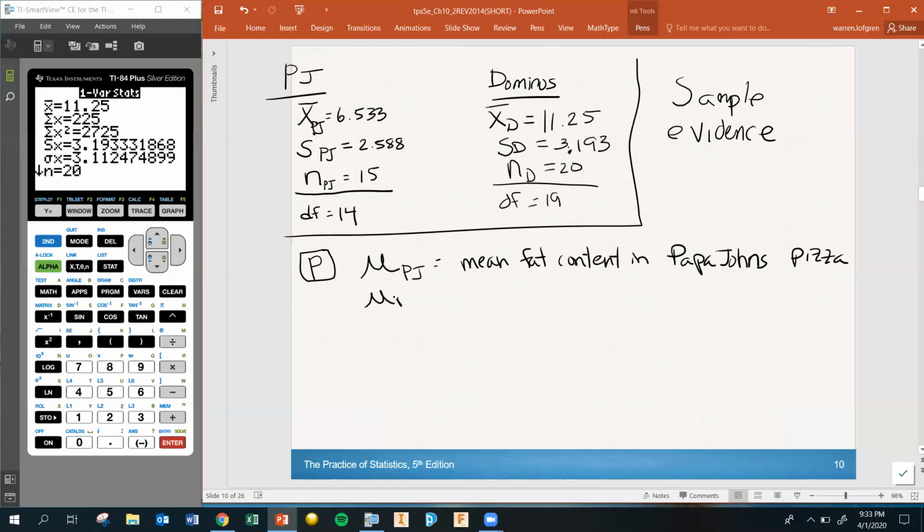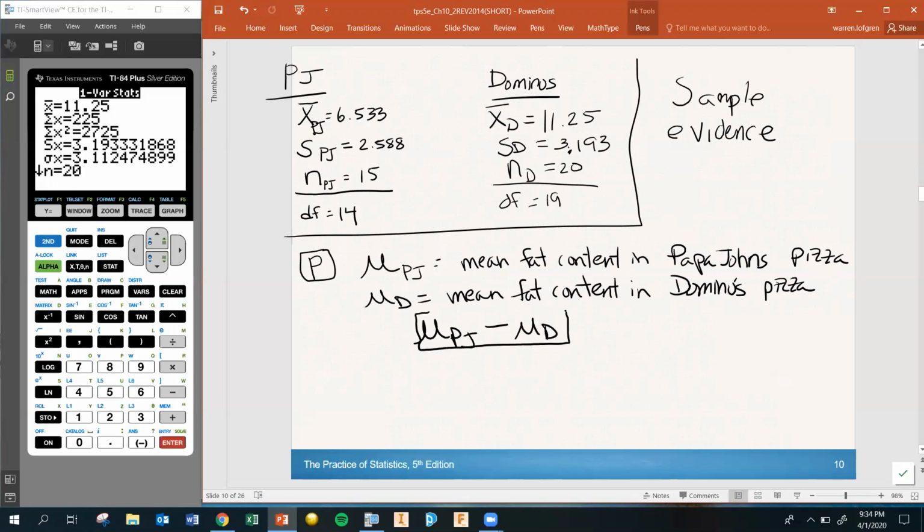And then mu sub d is the mean fat content in Domino's pizzas. And I'm going to do my problem in this order. We're going to look at the mean of Papa John's minus the mean of Domino's. So everything I do in this problem is going to be done in that order. You could do it in the reverse order and you would end up making the exact same conclusion.